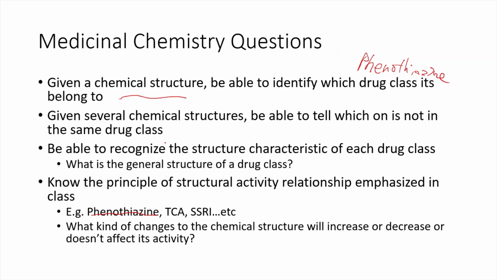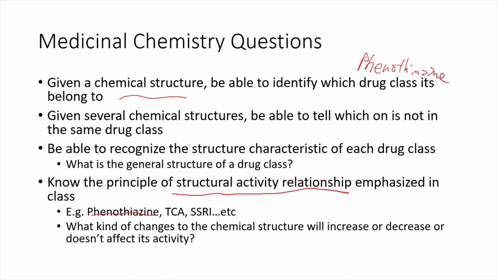Also about the structure activity relationship, SAR: those that are emphasized in class, you particularly need to pay attention. Things like phenothiazines, the sulfur bridge, the electron withdrawing group on one of the rings that tilts the plane, and how it matches, cis versus trans, and all these.